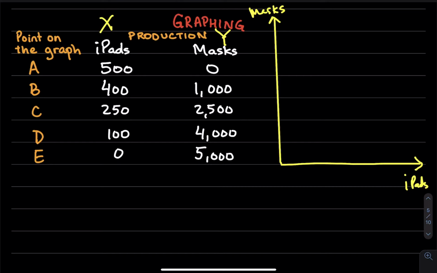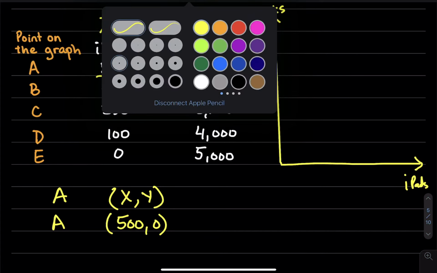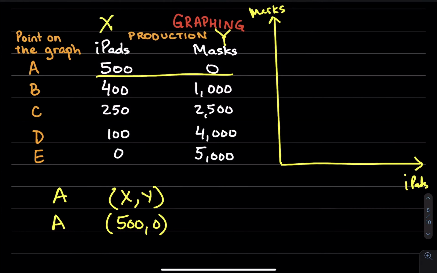So you're going to read a point like A as x comma y, or A can also be written as 500 comma 0, which is your x-intercept. The x-intercept has y equals 0, so let's draw this with a different color. But first let's draw the scale so it's easy for us to see where we are at.